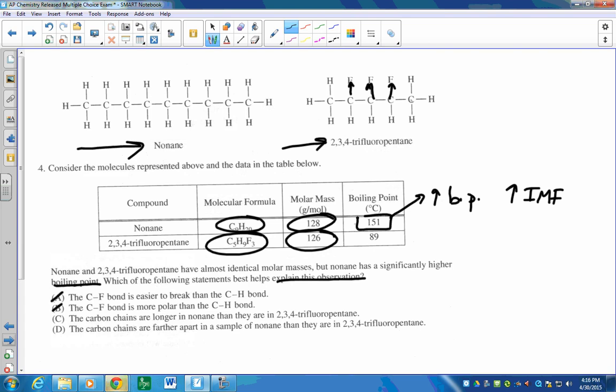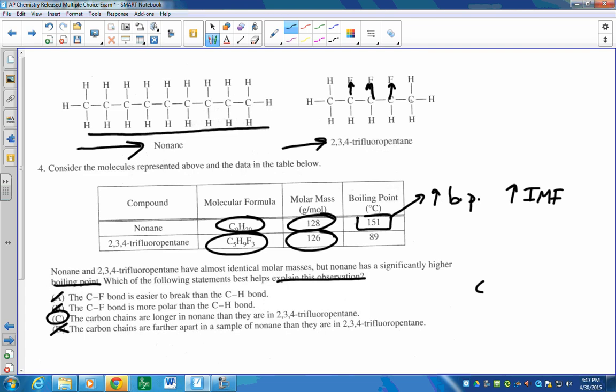The carbon chain is longer in nonane. That's true. Basically what this is saying is, when you have a really, really long chain like this, the intermolecular forces get crazy because it's so long and the molecules touch on so many different levels.